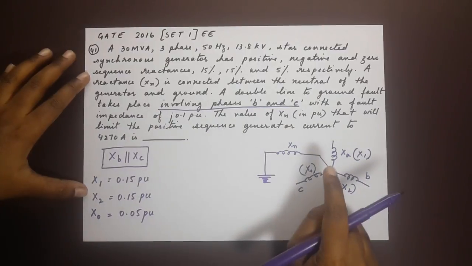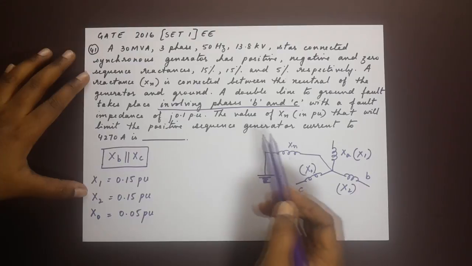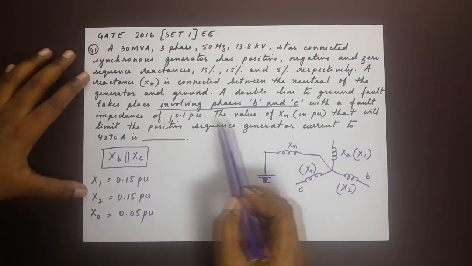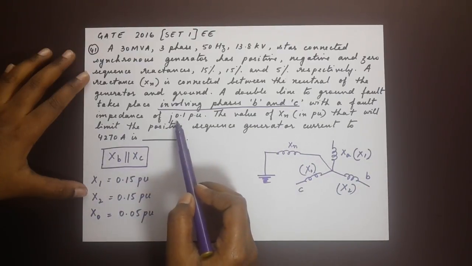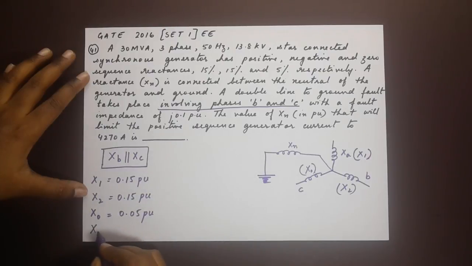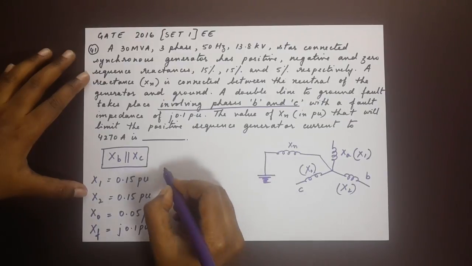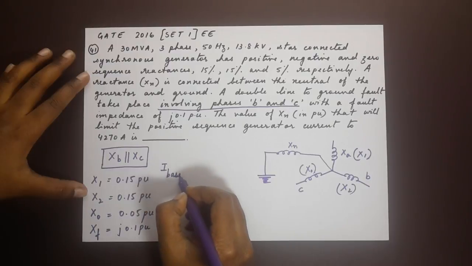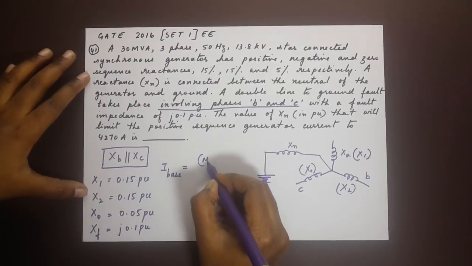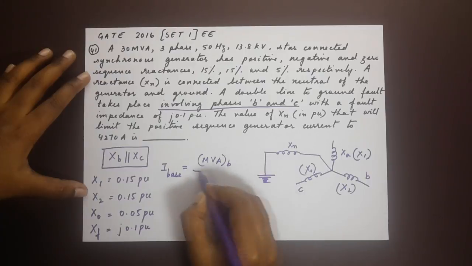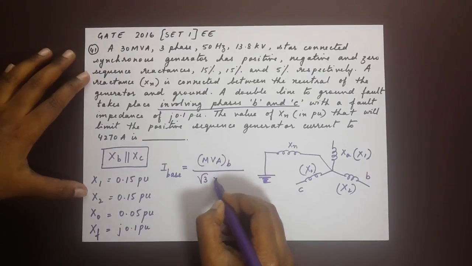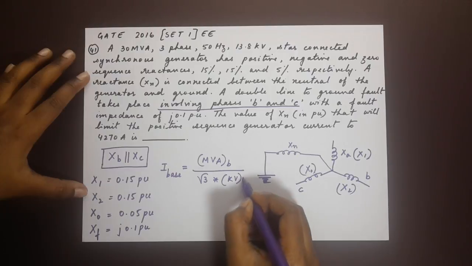And next, what else do we have here? Fault current. Now it's been given that a fault impedance is j0.1 pu. So let's consider that as XF, or fault reactance. Fault reactance is j0.1 pu. Now the base current formula is MVA base divided by √3 times kV base.